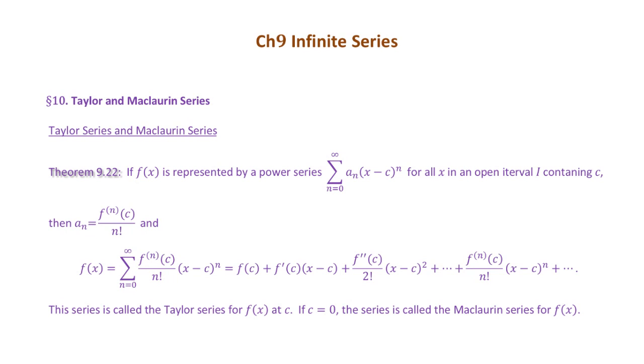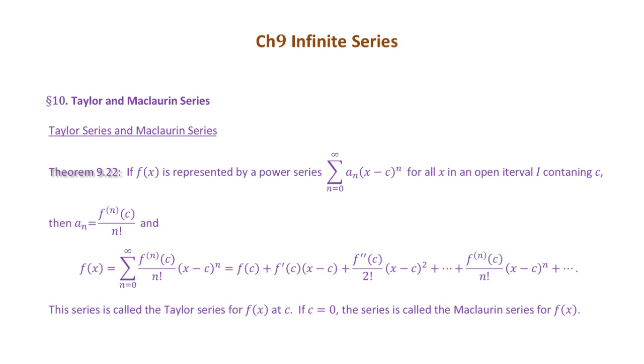If you write each term explicitly for this power series, you get f of c, plus f prime of c times (x minus c), plus f double prime of c over 2 factorial times (x minus c) squared.